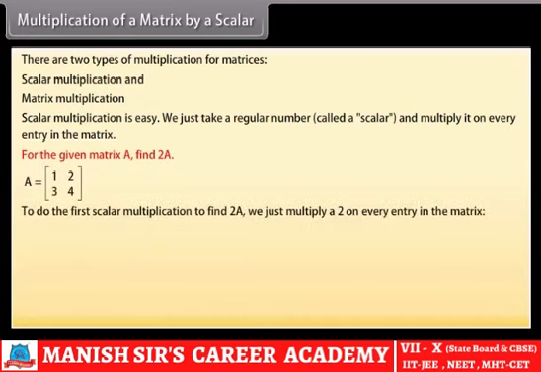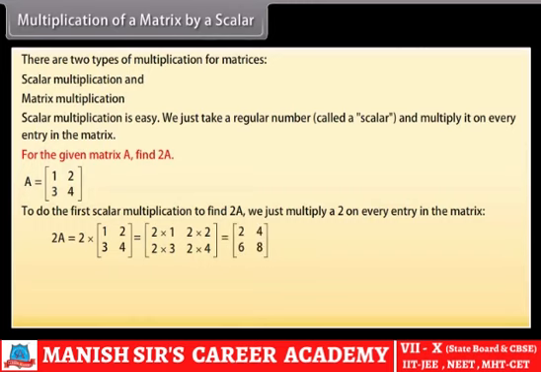To do the scalar multiplication to find 2A, we just multiply a 2 on every entry in the matrix. 2A is equal to 2 times the matrix with first row 1, 2 and second row 3, 4, which is equal to the matrix with first row 2 times 1, 2 times 2 and second row 2 times 3, 2 times 4, which is equal to the matrix with first row 2, 4 and second row 6, 8.